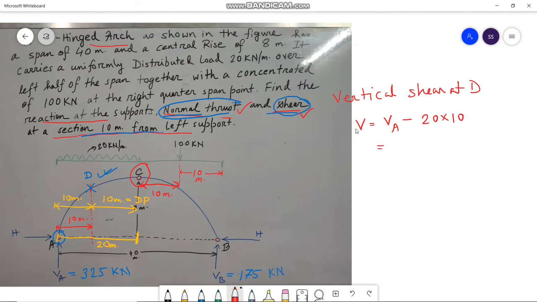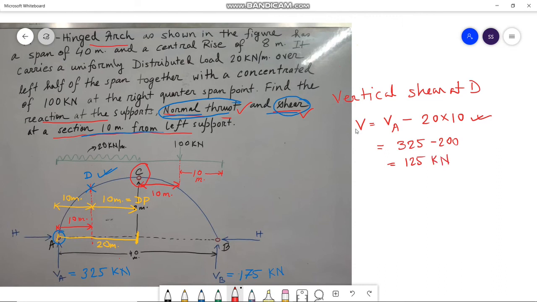So the summation of all the vertical forces up to point D is this one. So VA we have 325 minus 200 and we have 125 kilonewton.